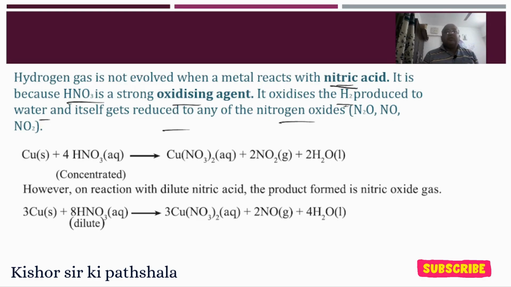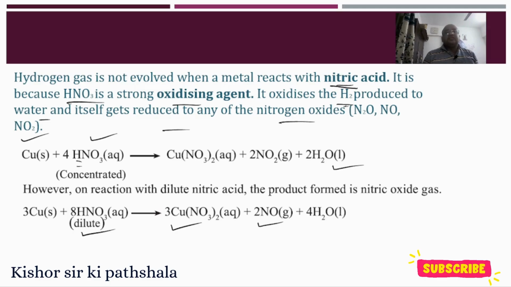Let's take one example of copper. Copper reacted with concentrated nitric acid gives copper nitrate, along with nitrogen dioxide and water. When copper reacts with dilute nitric acid, I will get nitric oxide and copper nitrate.